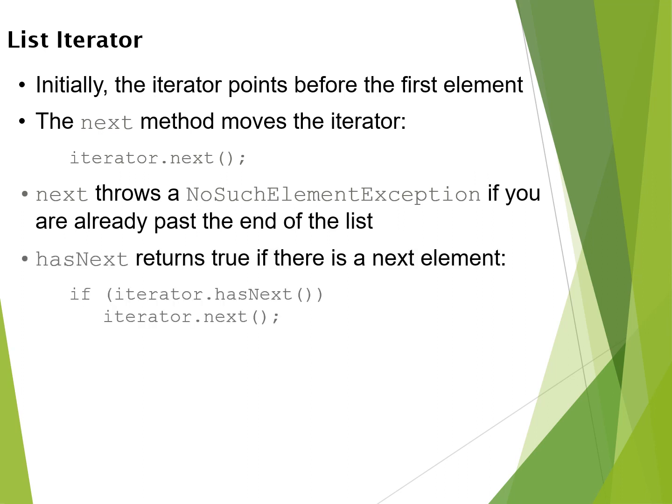In order to avoid that exception, you can first check whether there is a next element by calling the hasNext method of the iterator. The hasNext method returns true if there is a next element. If there is not, it returns false. So before calling next, you can say if iterator.hasNext, then you can call iterator.next to avoid throwing a NoSuchElementException.